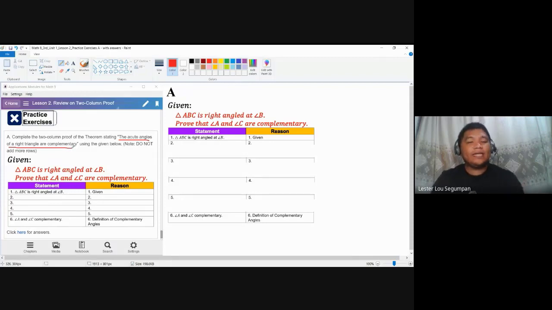So if we are already given that it's a right triangle, and we are assured that the other two angles are acute, it is stated that those two acute angles are complementary to each other. Complementary, meaning they sum up to 90 degrees.